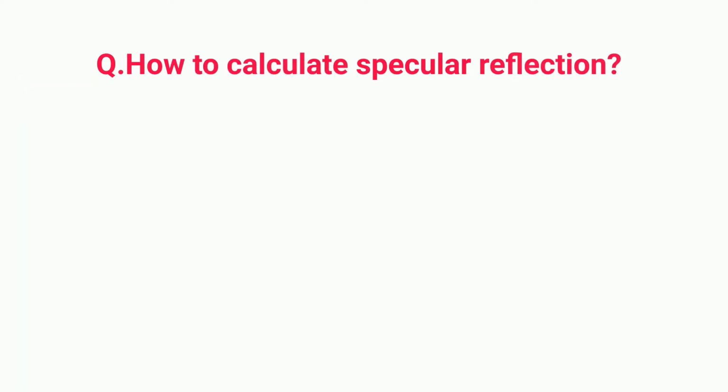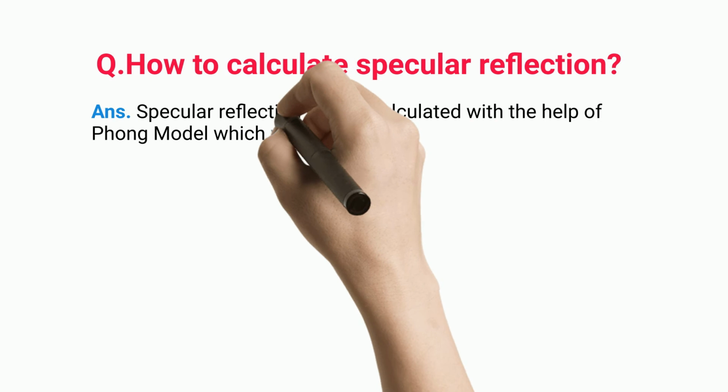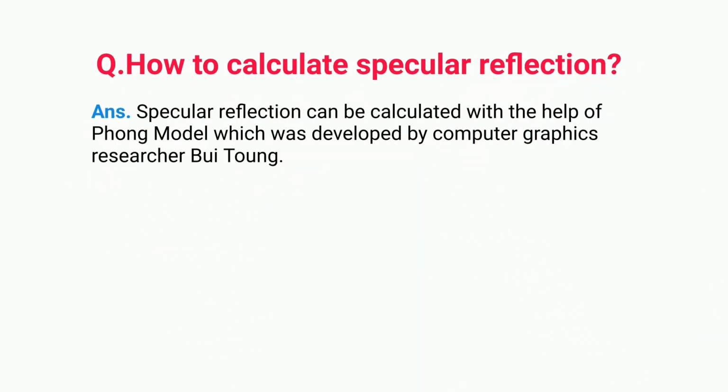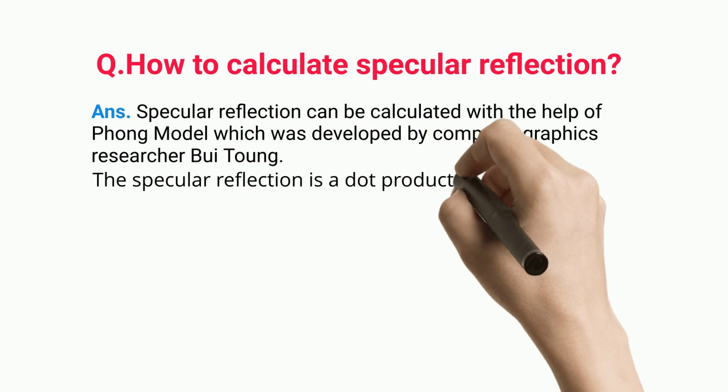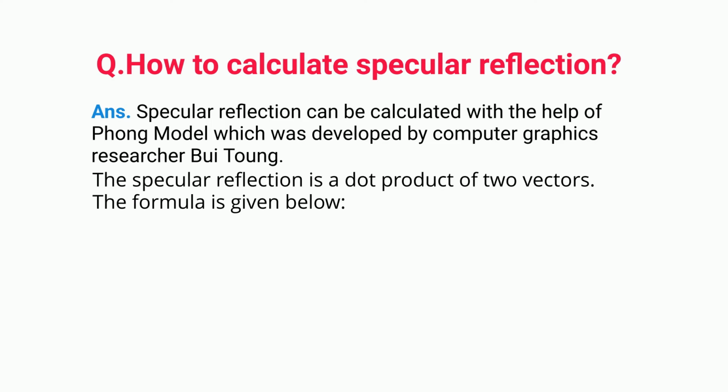How to calculate specular reflection? Specular reflection can be calculated with the help of the Phong model, which was developed by computer graphics researcher Bui Tuong Phong. The specular reflection is a dot product of two vectors. The formula is given below.